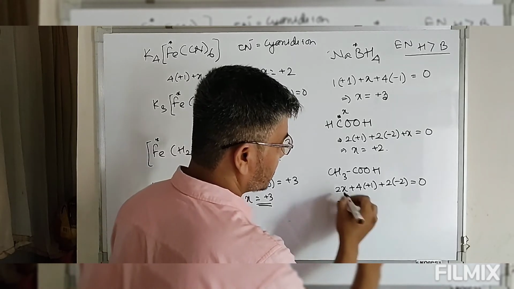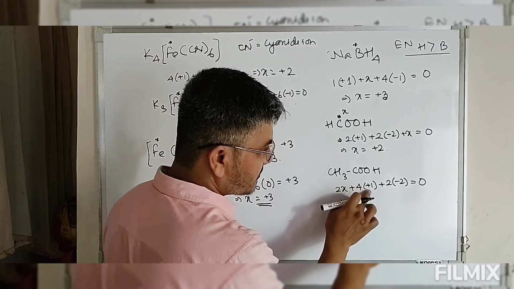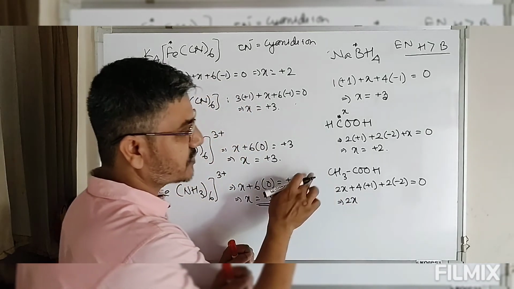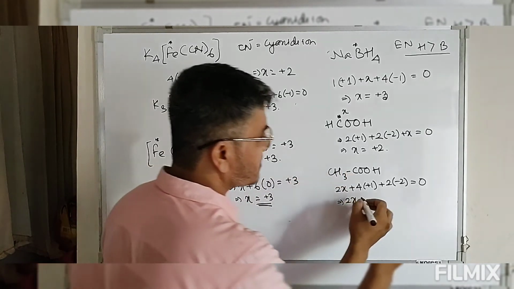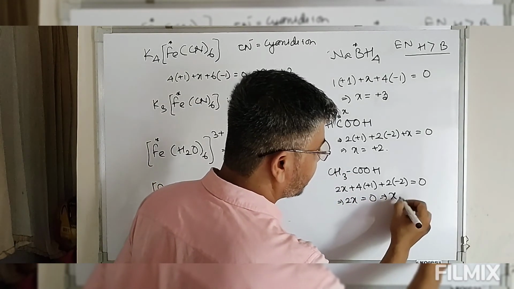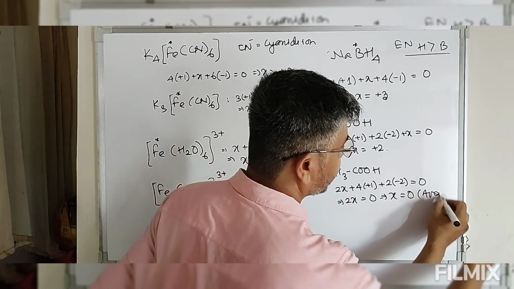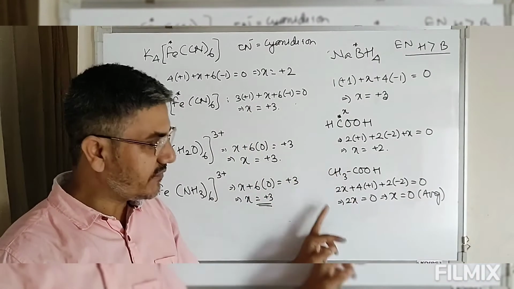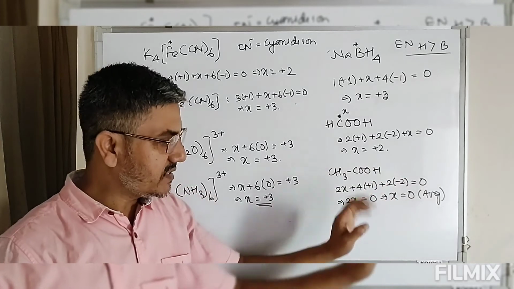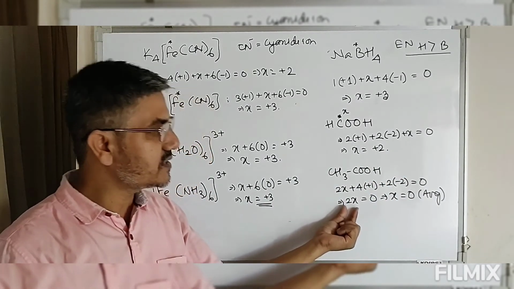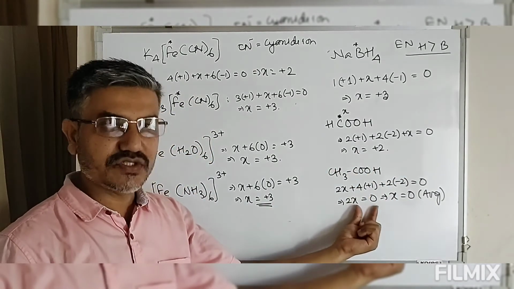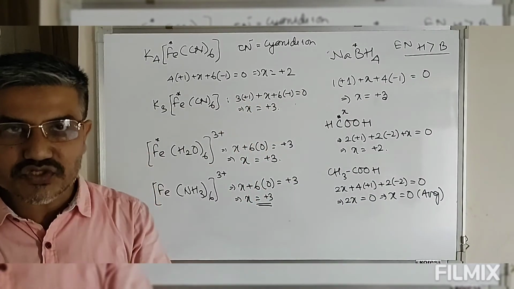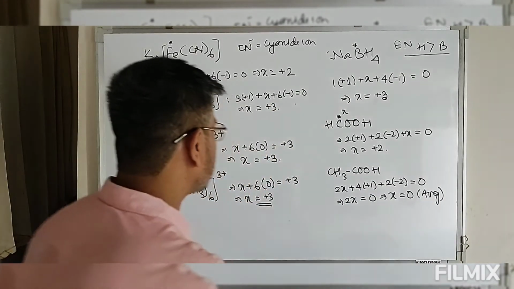So look at this, plus 4 minus 4 is 0. Therefore 2x, the summation of the oxidation states of 2 carbons, is 0. So the average oxidation state is again 0 here. That means there are 2 types of carbon, but the average oxidation state is 0. But we have to specify the oxidation state of each carbon. So let's see in this way.